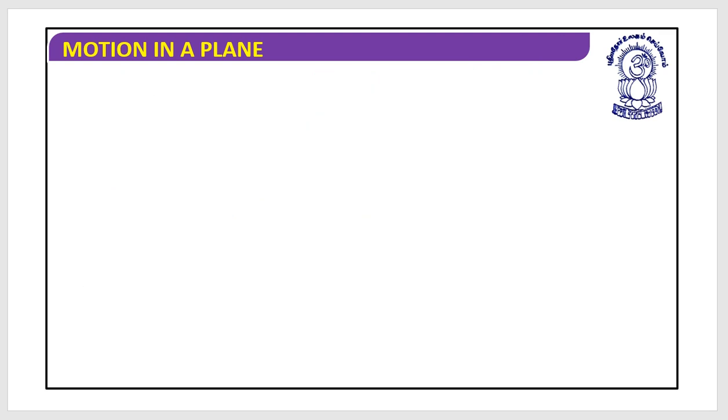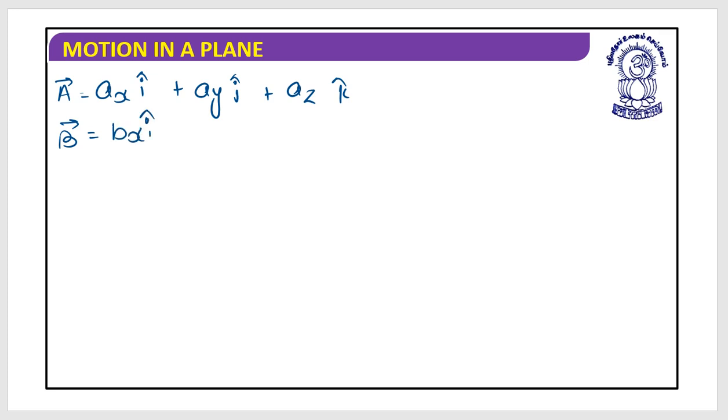My vector A was AX i plus AY j plus AZ k, and vector B is BX i plus BY j plus BZ k. What I need to do is perform A dot B. It's a dot product, which means the final answer would be a scalar.